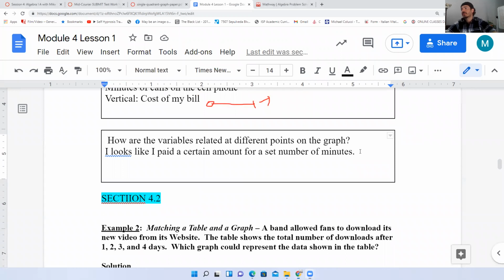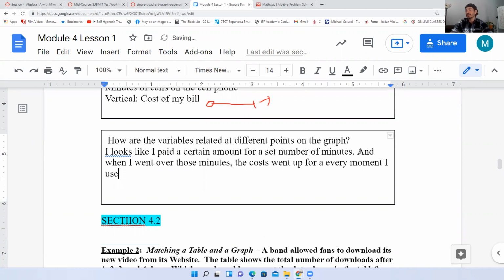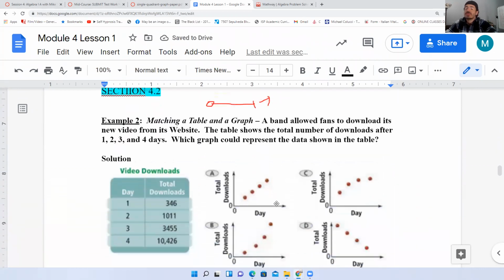I pay a certain amount for a set number of minutes. And when I went over those minutes, the costs went up for every moment I was using the phone. I don't know, something like that. So you should be answering these in your own words, by the way.